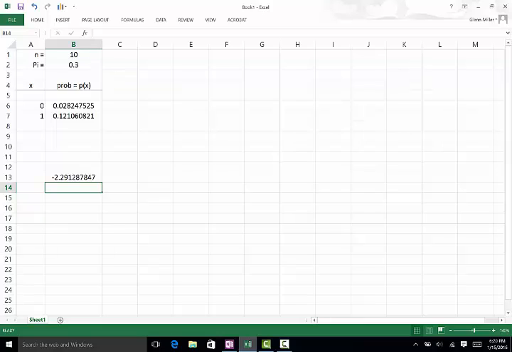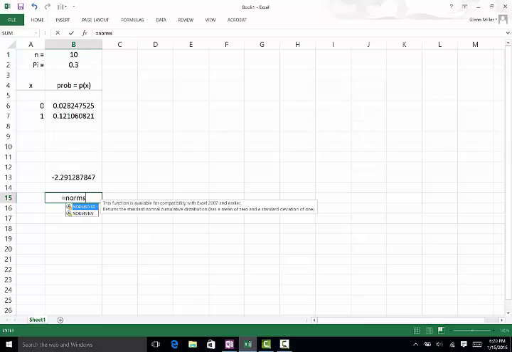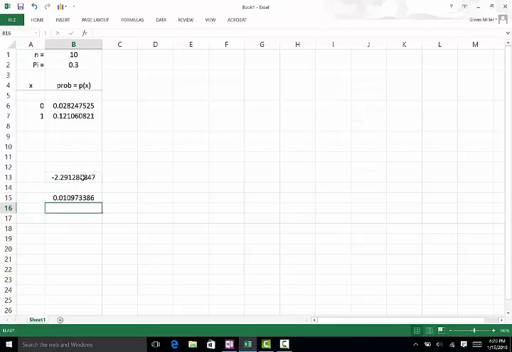Negative 2.29. And now find the area associated with that z-score. The way the NORM.DIST function works, it'll give us the area below that, which, looking at our picture, was precisely what we're trying to find. 0.0109.